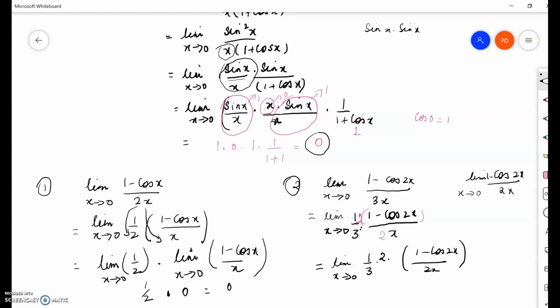Now this whole expression approaches 0 as x approaches 0. If x approaches 0, 2x also approaches 0, so we can use the theorem. Now the rest is the 2 times 1/3, which is really 2/3. So 2/3 times 0 is 0.